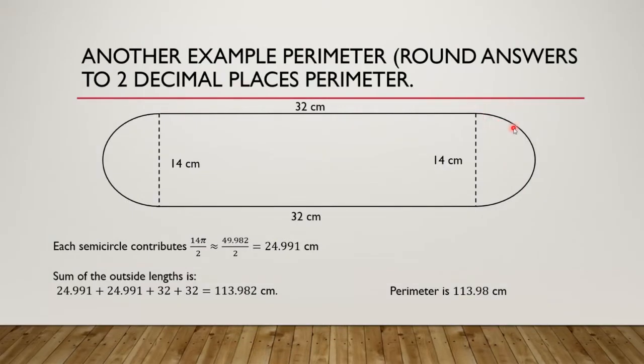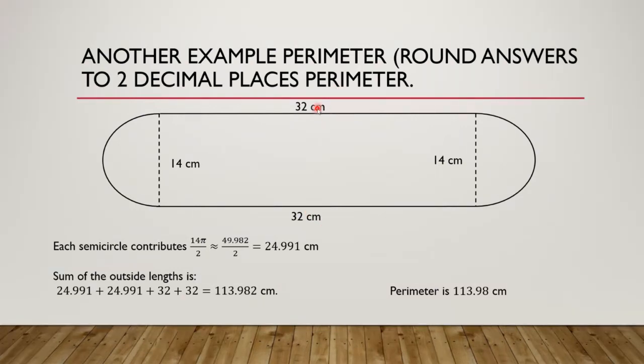So we have 14 pi over 2. That's this length. I'm using 3 decimal places here because we want to round to 2 only at the very end. So each semicircle here is giving us this many centimeters.